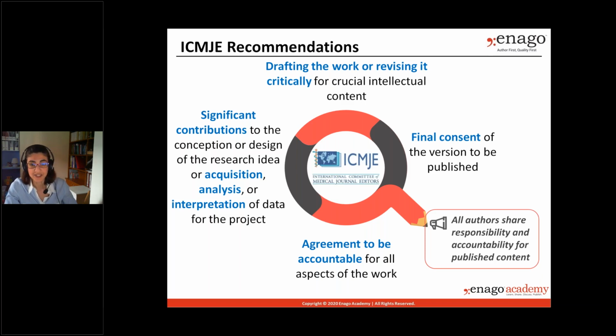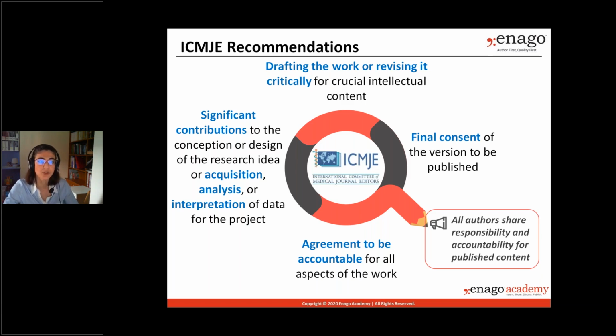The final consent to the version of the manuscript that has been prepared to be published, and the agreement to be accountable for all aspects of the work. It is very important to keep in mind that all authors share responsibility and accountability for the published content.